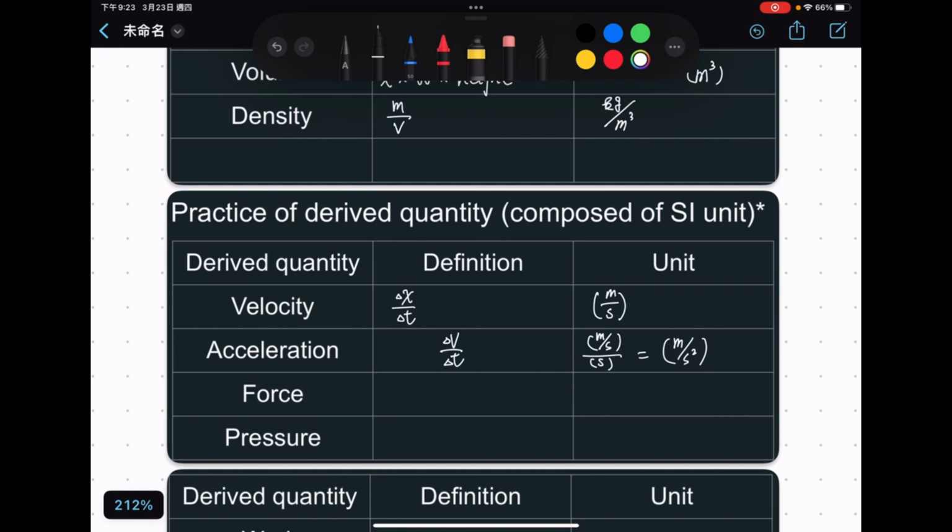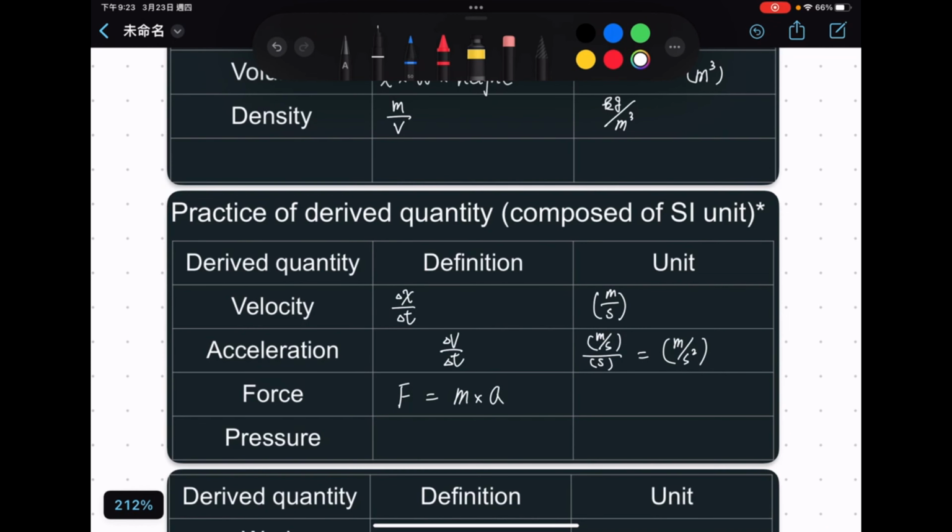The formula is: a force applied to an object makes the object accelerate. So the force equals the mass times acceleration.